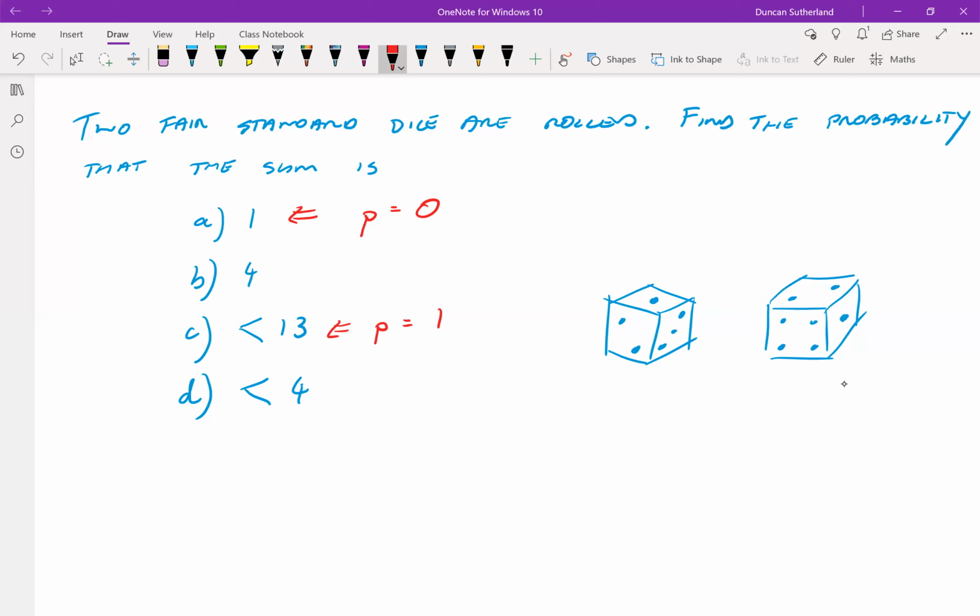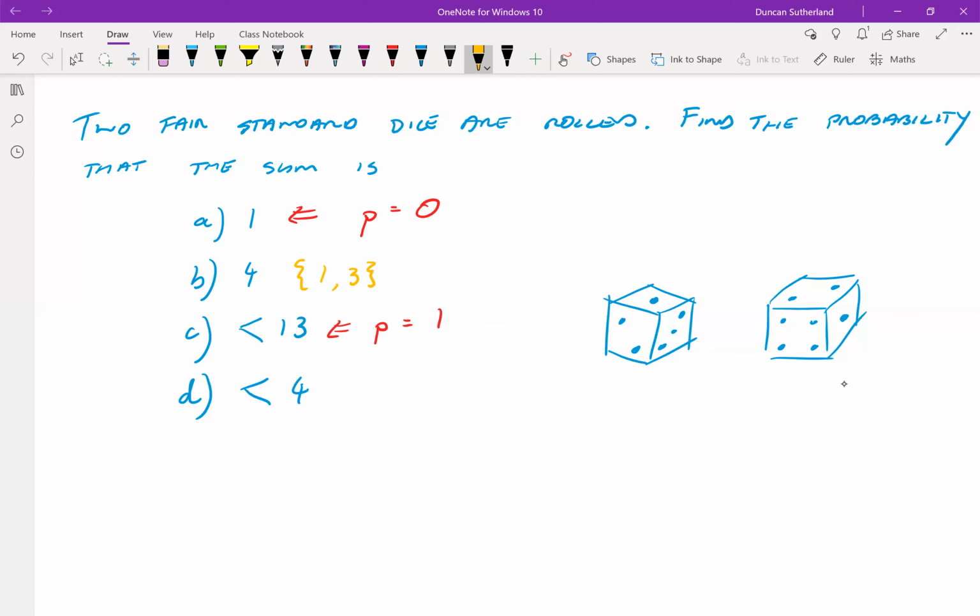Exactly equal to 4. There's a few ways you can do this, right? So we've just got to consider the sample space, the number of possible ways that we can get to 4. So one of the dice can have a 1 on it, the other one must have a 3, right?